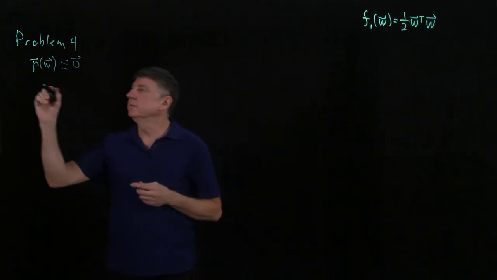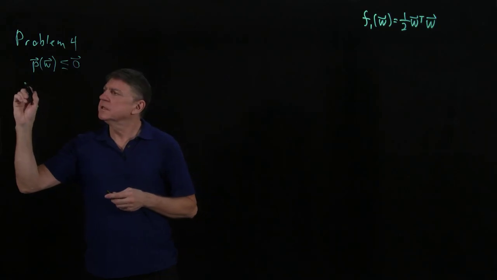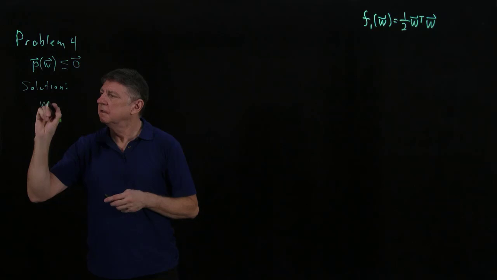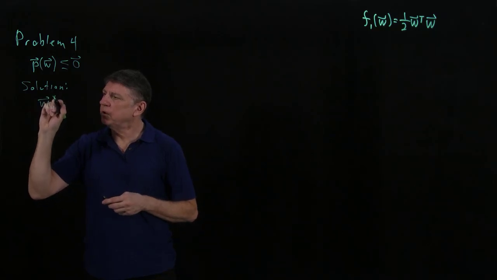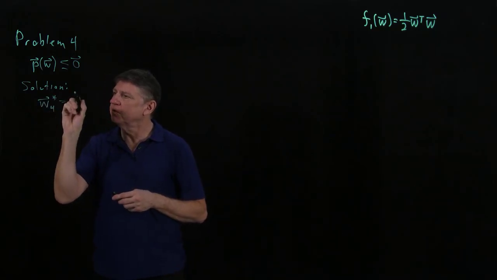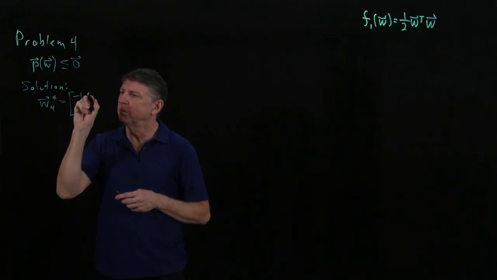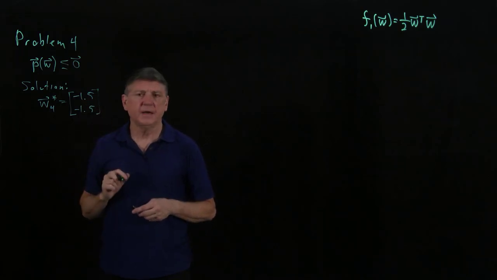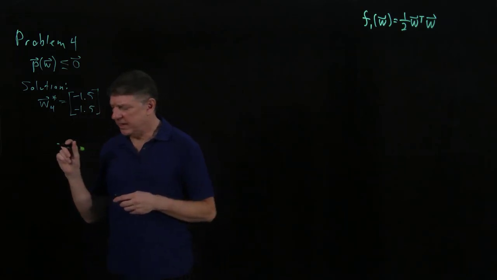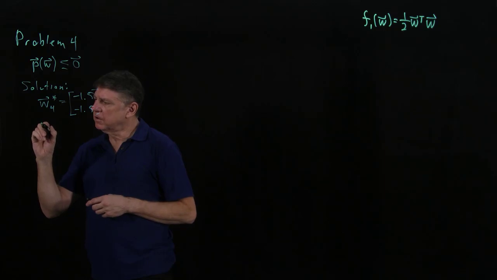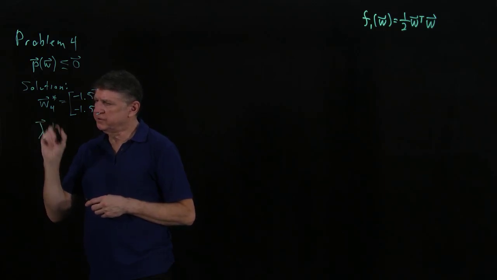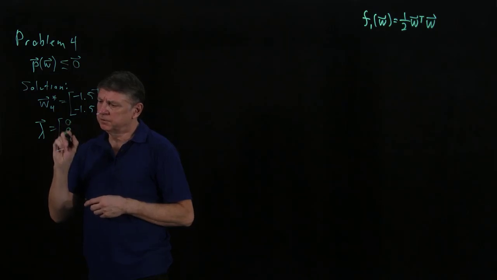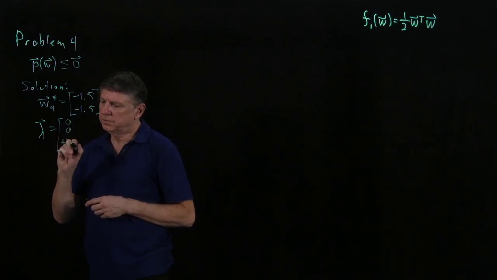The solution, when we do this numerically, is that our fourth minimizer is minus 1.5, minus 1.5. And when I do the computations, the Lagrange multipliers are 0, 0, plus 1.5.